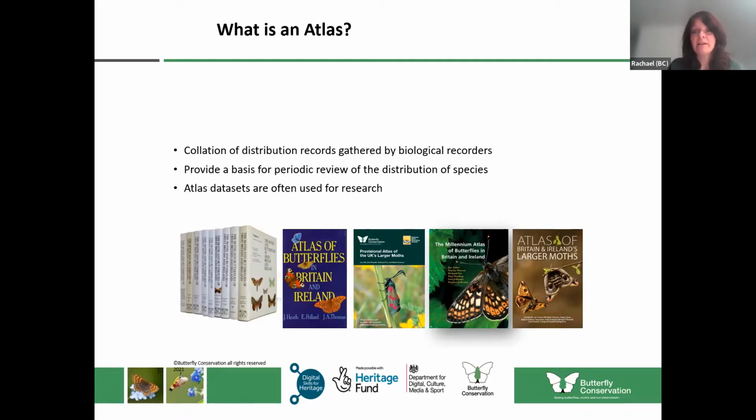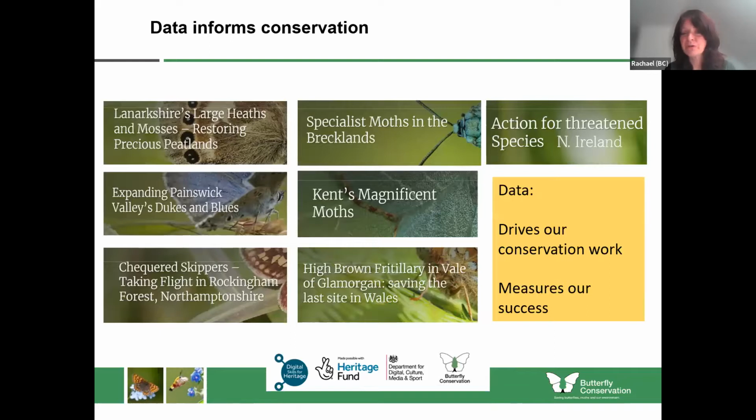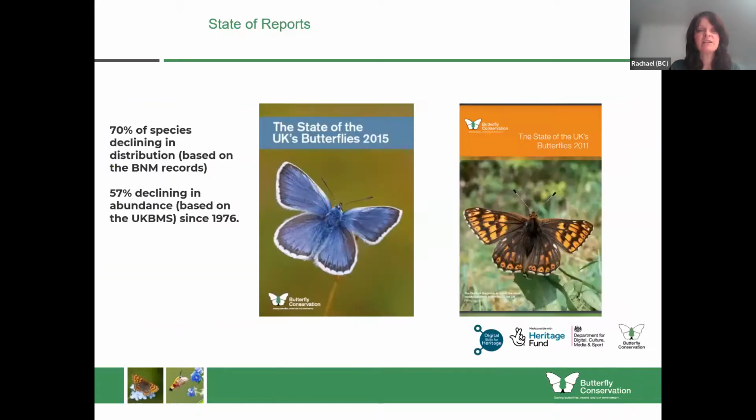Atlases are basically what is where. We also use the data to advise and direct our conservation actions. These are some examples of things we've been working on recently, and I think Dan's going to pop a link in so you can see more of our conservation work and how it's been informed by our research.